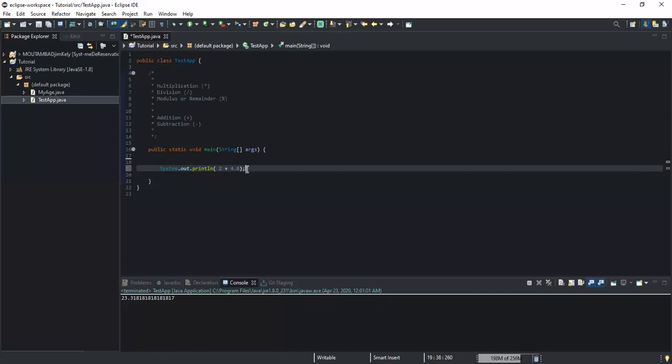So when evaluating this expression, the number 2 is going to be treated as a floating point number, as a decimal number, even though it's an integer.